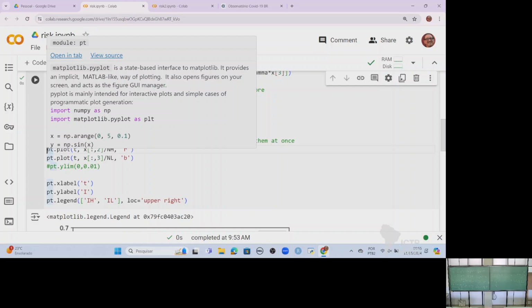Let's plot it for a longer time. Let's put 100. So it also goes to an endemic state, but a very low endemic proportion.